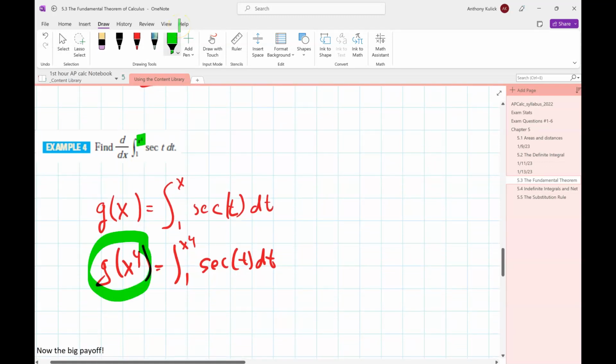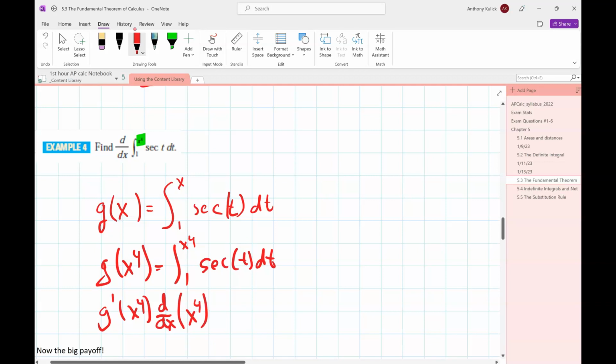If I take the derivative of this, what am I going to have to do? Going back to chapter 3, if I have one function inside of another function and I want to take the derivative, that's a chain rule problem. So if I do g prime of x to the fourth, I'm also going to have the derivative of x to the fourth stuck on at the end. g prime of x is just going to be secant x.